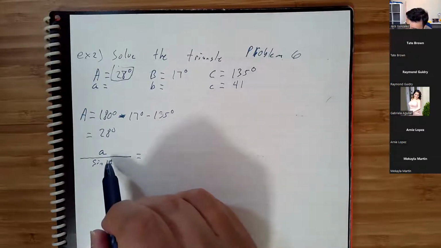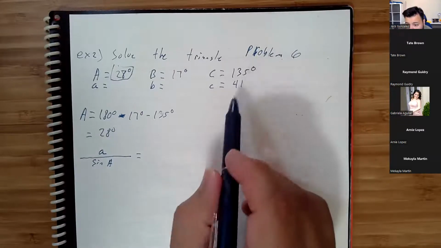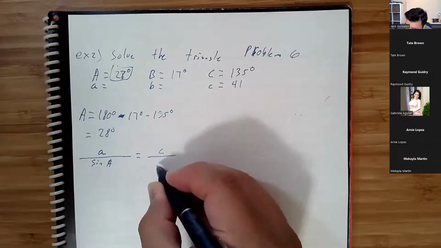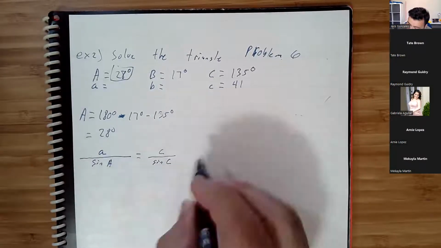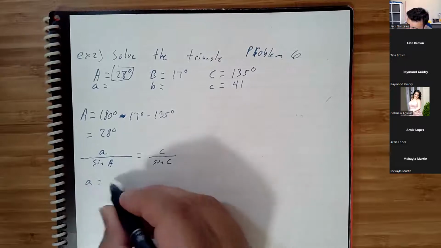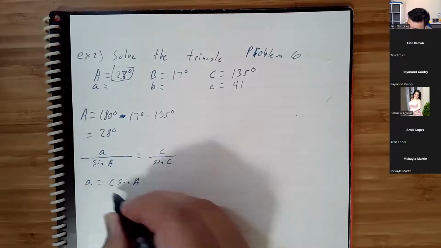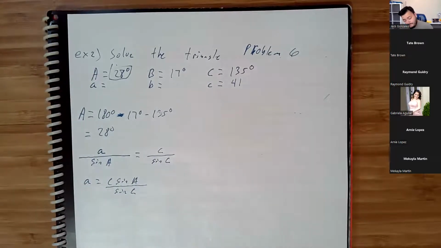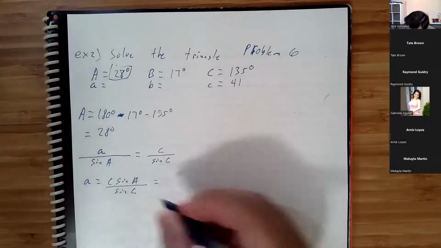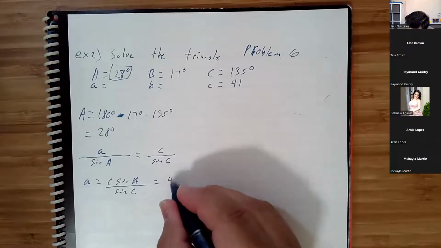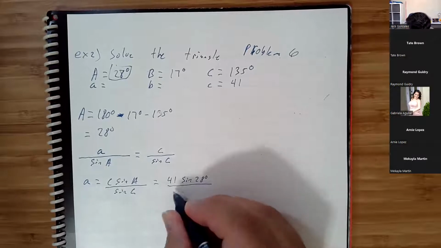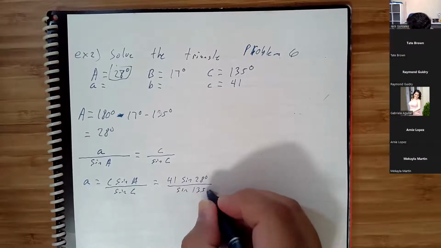I want to find little a, so I'm going to equate it to the one that has both parts, just like before. So c over sine C. Multiply both sides by sine A, you'll get c sine A over sine C. Plug it all in. 41 sine of 28 degrees over sine of 135.